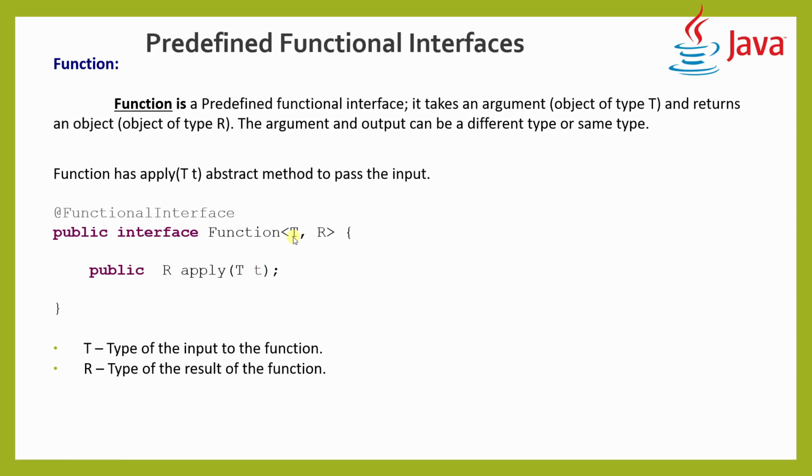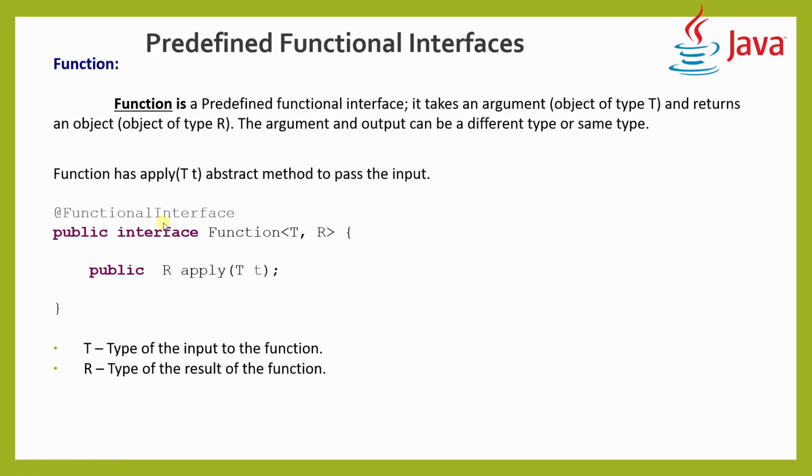See, in the previous video, the predicate defines conditional checks and returns true or false. Here we are giving the input and expecting some output. So whenever our requirement is giving an input and expecting some output, in the predefined functional interfaces we can choose the function. It has one abstract method, that is the apply method.